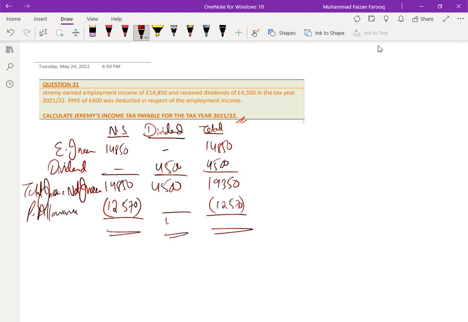We will get taxable income. Now we will apply the tax working. But before this, we will decide whether this guy is a basic taxpayer or higher band taxpayer. He is under 37,700. So he is a basic taxpayer. You are right.